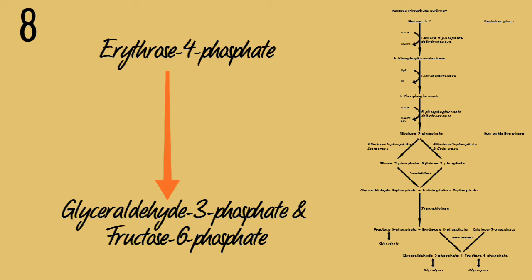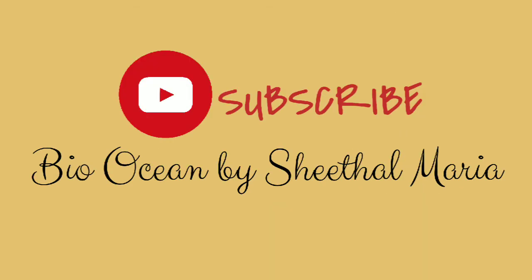Last but not the least, in a further reaction catalyzed by transketolase, xylulose 5-phosphate donates a 2-carbon unit to erythrose 4-phosphate to form fructose 6-phosphate and glyceraldehyde 3-phosphate. This is the overall idea of the reaction steps in the non-oxidative phase.